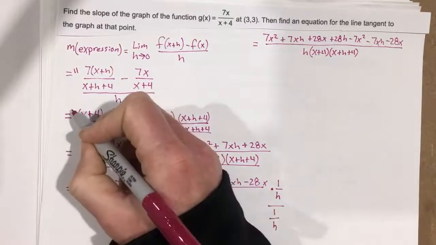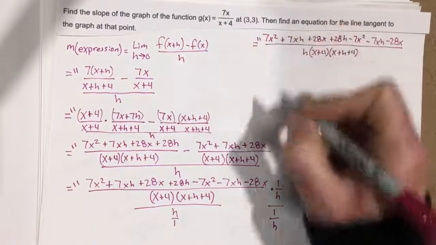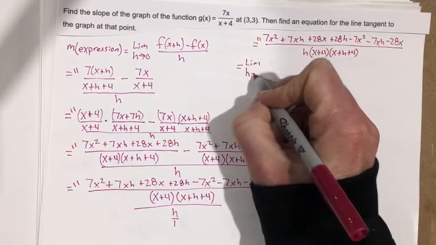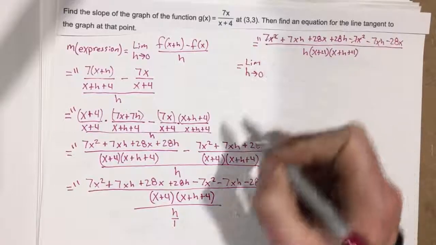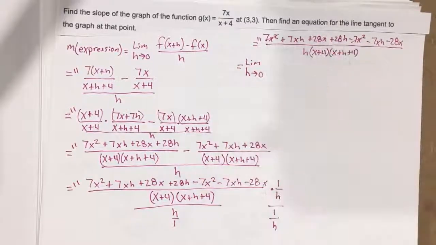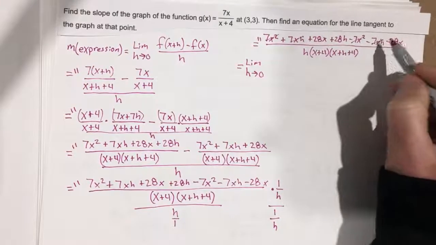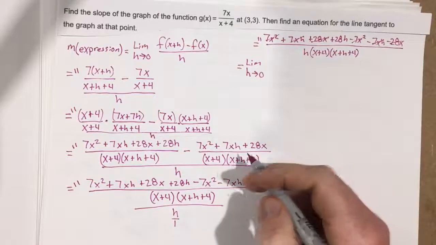And don't forget we have the limit out front, limit as h approaches 0. So this is going to equal the limit as h approaches 0. I can cancel out this negative 7x squared with this positive 7x squared. 7xh and negative 7xh cancel. 28x and negative 28x cancel.